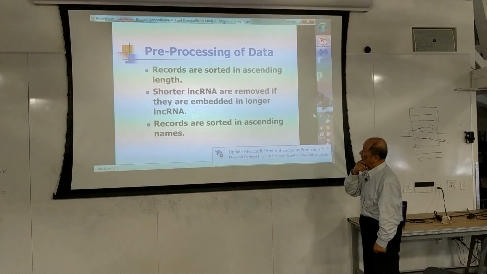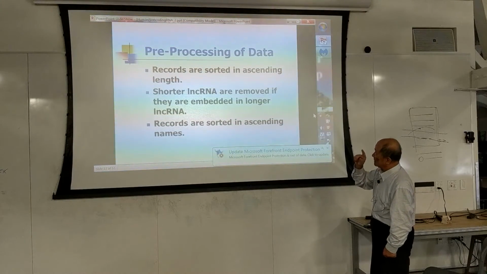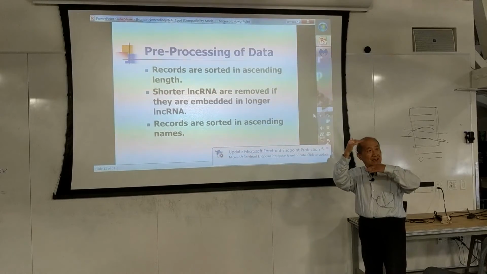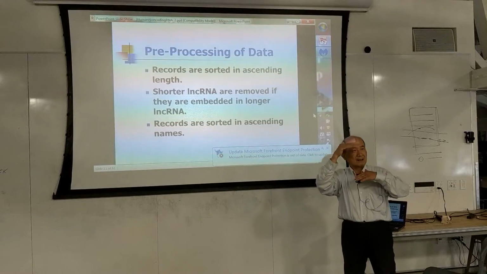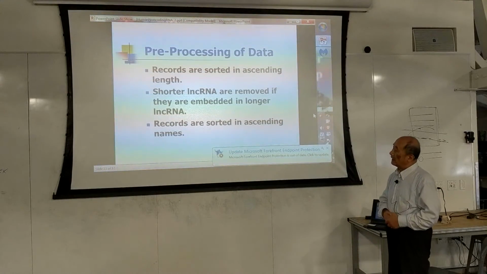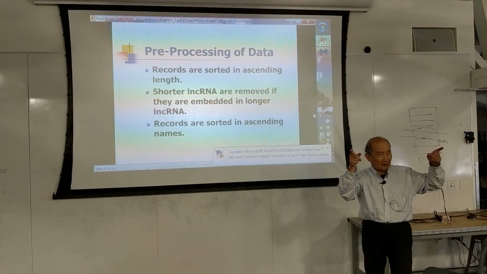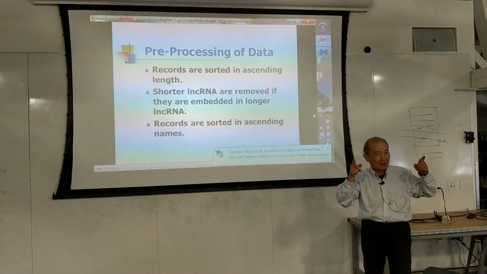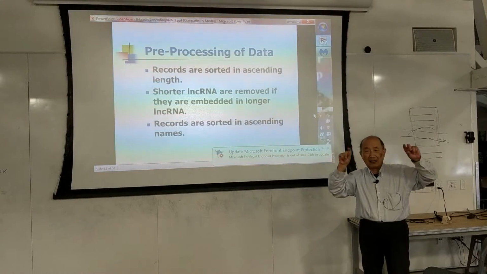Records are first sorted according to length, so the shorter one comes first and the longer ones come later. I pick up every RNA and search downward to see if it is embedded in a bigger RNA.